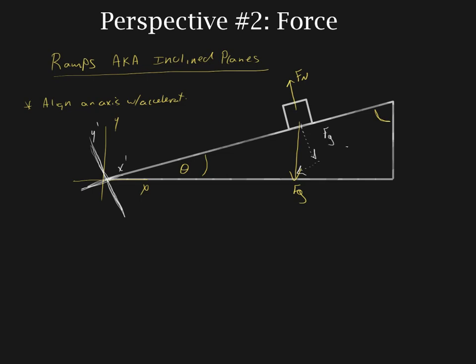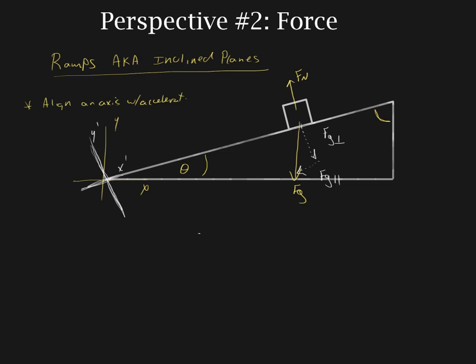I'll refer to these as FG perpendicular and FG parallel. You may still choose to call them x for the parallel and y for the perpendicular. I will pretty much always say perpendicular and parallel so that it's clear it's relative to the ramp and not a horizontal and vertical line, but there's nothing wrong or inappropriate with saying x and y.